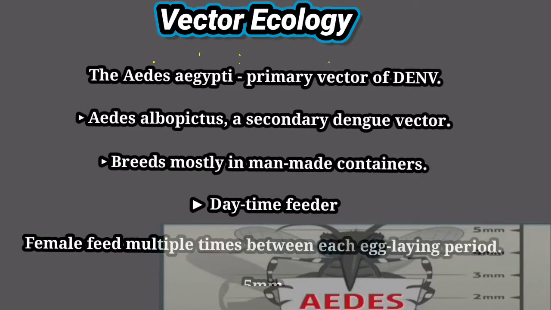Now, if we talk about vector ecology, the only vector responsible for the spread of this deadly disease is the female mosquito of the Aedes genus.